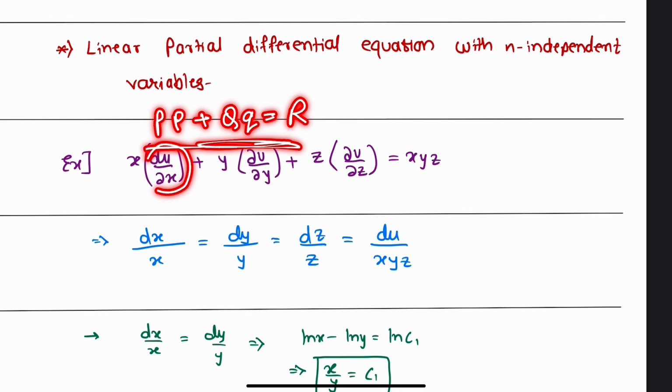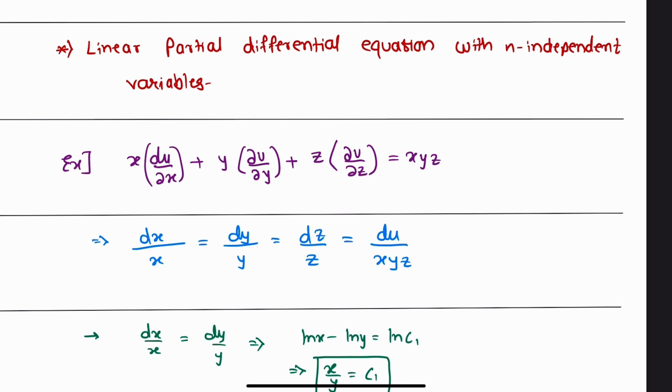But if we take this as p, this as q, still we have something left here. So here we have three independent variables, and our dependent variable is u. So here we have u as a function of x comma y comma z.